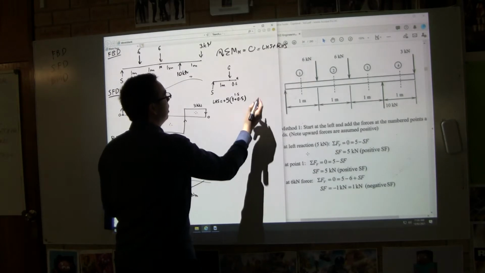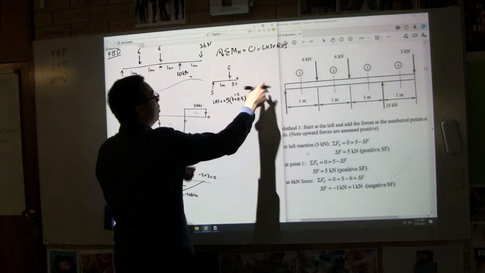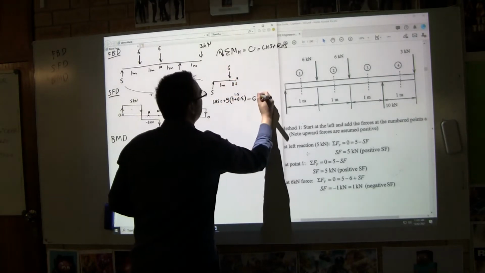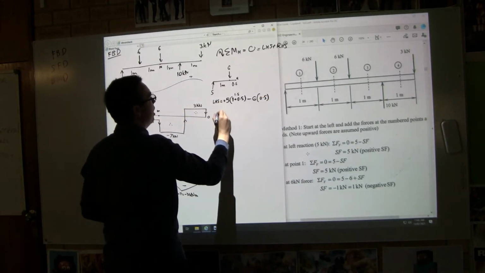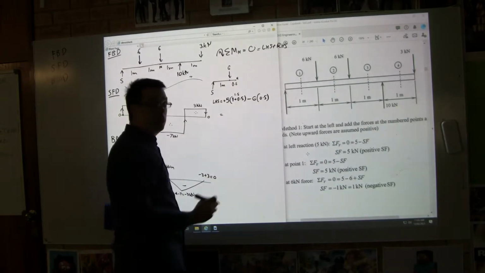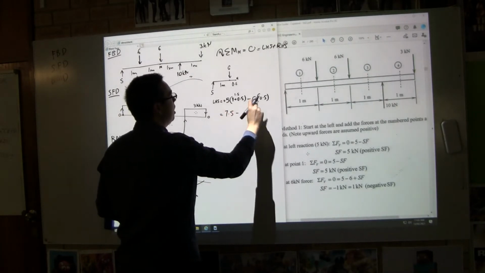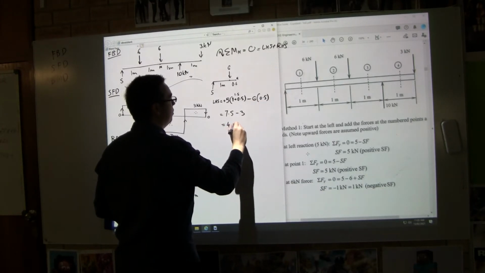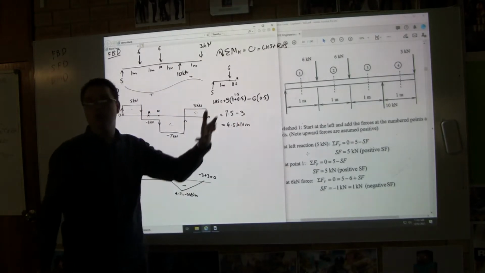Okay, so 5 times 1.5, and then we also have one more force. The 6 is anti-clockwise, and it is 0.5 meters away. So 5 times 1.5 equals 7.5, and 7.5 minus 3 equals 4.5 kilonewton meters, because kilonewtons multiplied by meters.